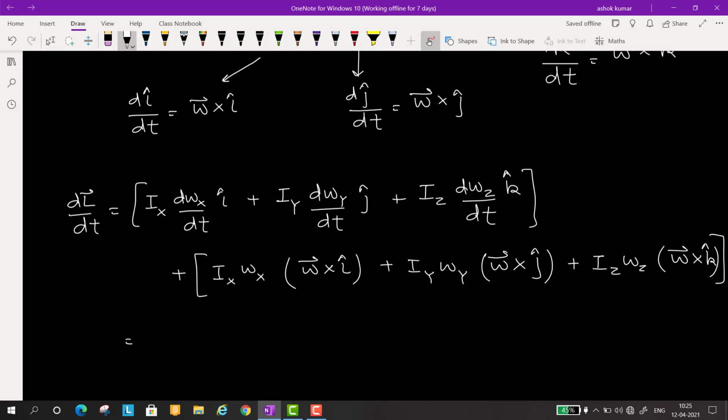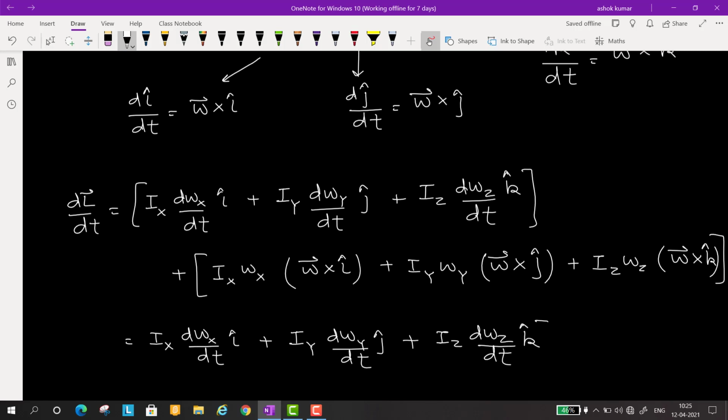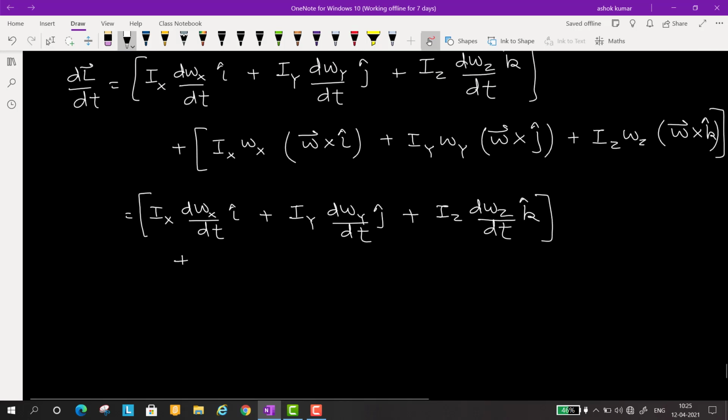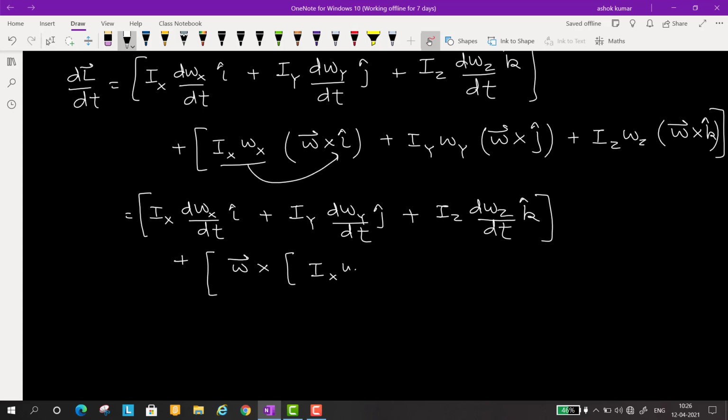So this can be written like Ix omega x, Iy omega y, Iz omega z along i cap, j cap, k cap, plus omega cross, this is a scalar, we take it with this term Ix omega x i cap.